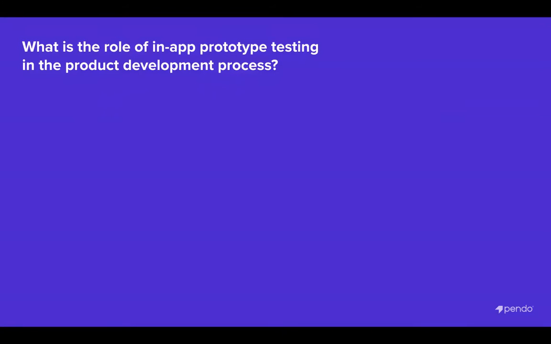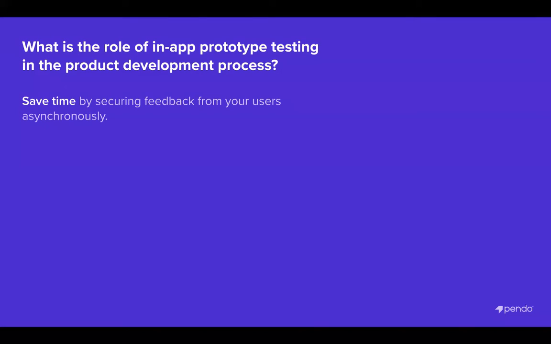So what is the role of in-app prototype testing in the product development process? Well, like I said, this is something that we on the Pendo design team have been experimenting with for a little while now. A few points about how we found success with this: first off, you can save time by securing feedback from your users asynchronously.